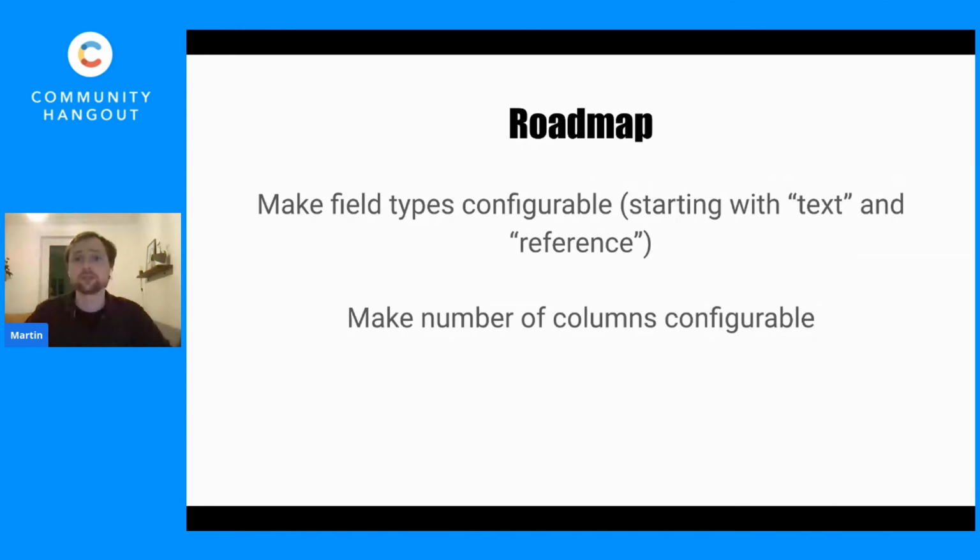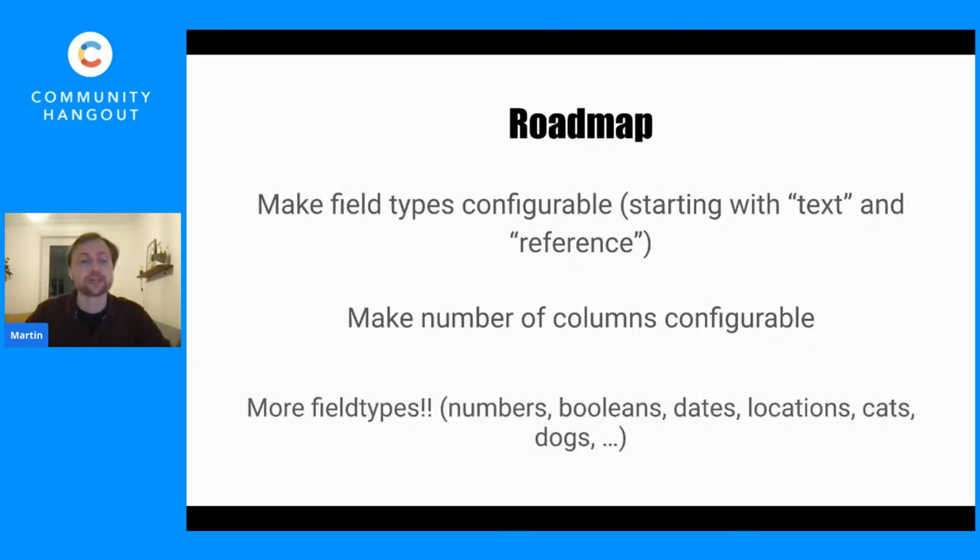Right at the moment, we always have two columns, and I would like to have infinite columns. And I think if we could add some more field types, that would be really awesome, such as numbers, Boolean states, locations, you name it, cats, dogs, whatever. So yeah, that's the roadmap.